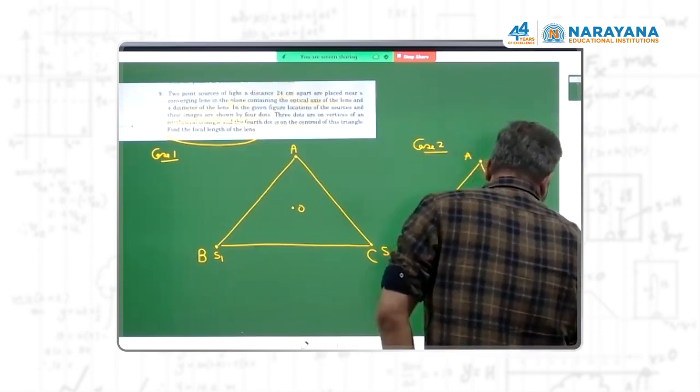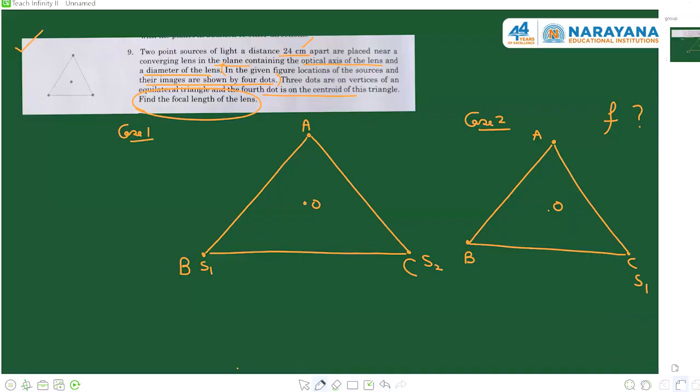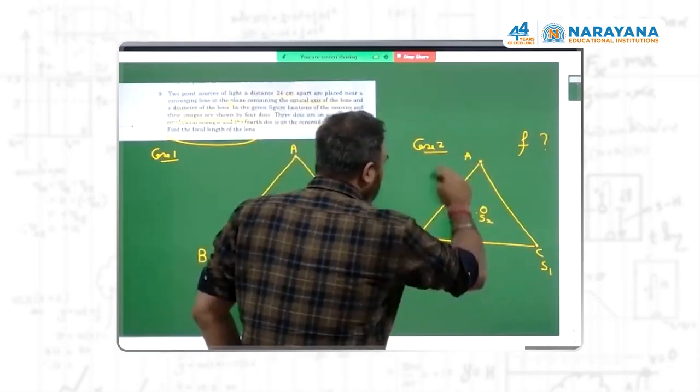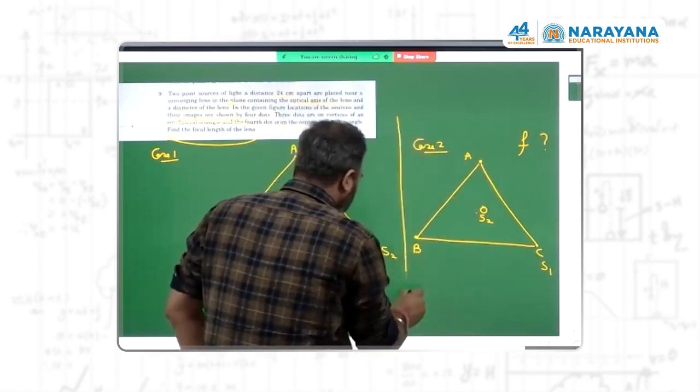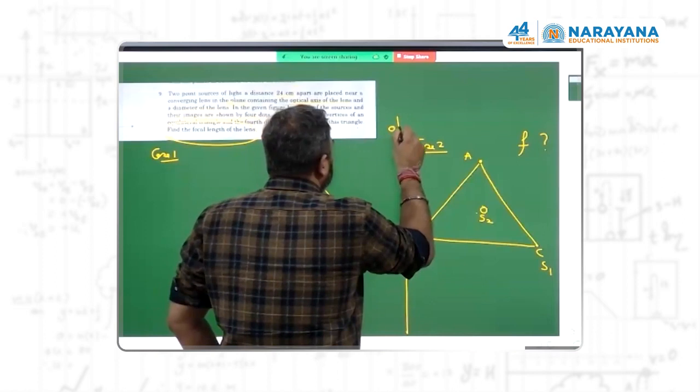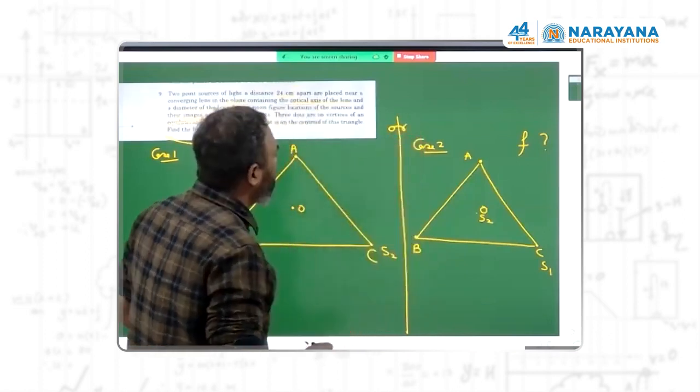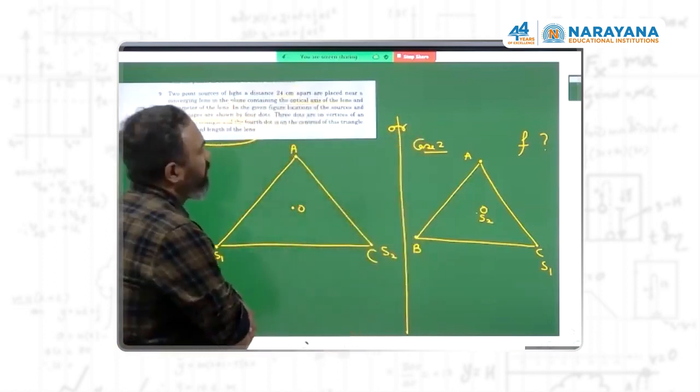Maybe this is source 1, S1, and the second possibility is here, S2. Now we have to think that one of them will be the image, like I1, I2 or I2, I1, you can write anything. So this is my case 2. So the first thing that I want to find out is which of them is correct.